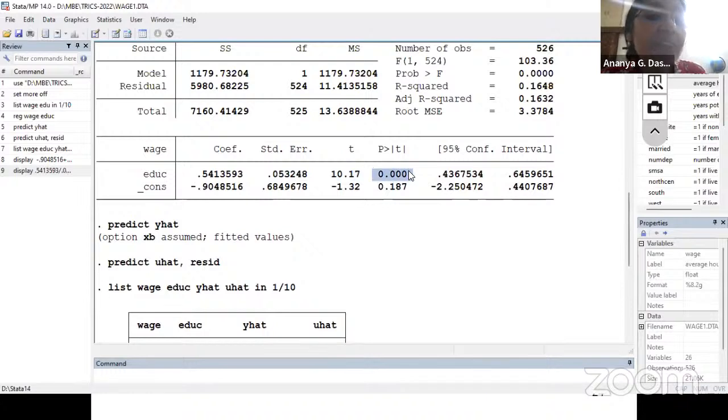And this has a p-value of 0, which means that you're strongly rejecting the null that beta is equal to 0. So this t statistic is giving you a test for this particular hypothesis: you're using the estimated coefficient, beta hat, to test the null hypothesis that the original beta is equal to 0.